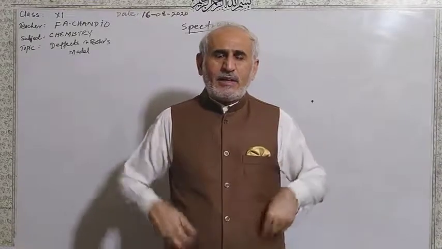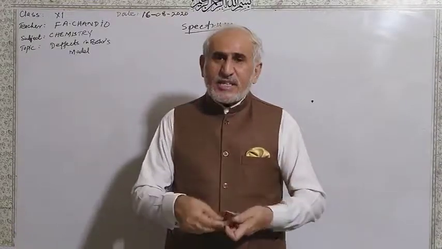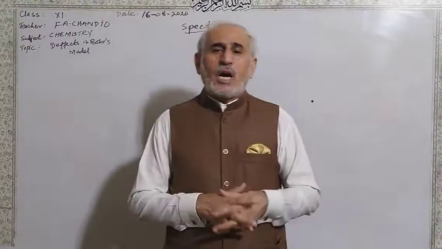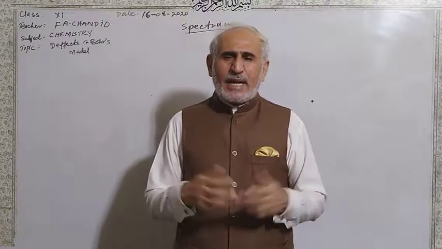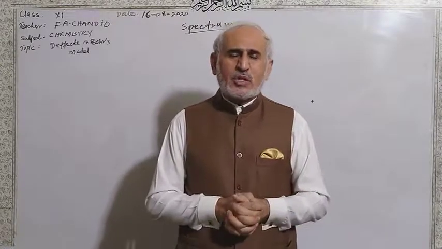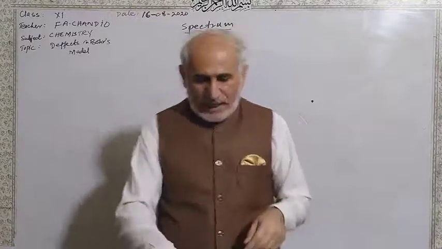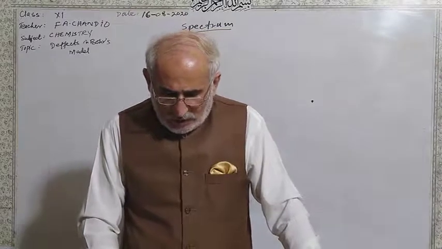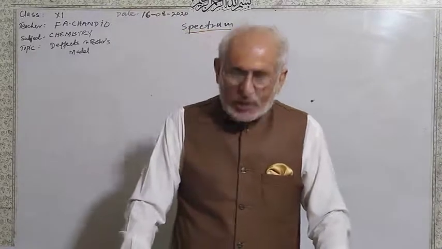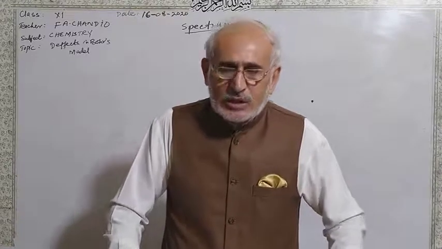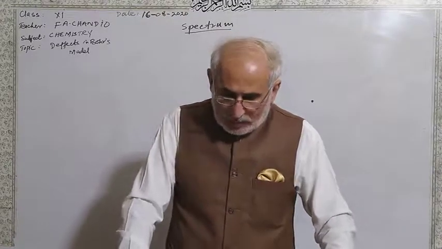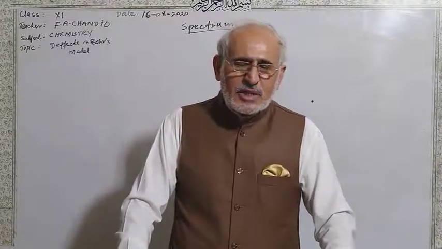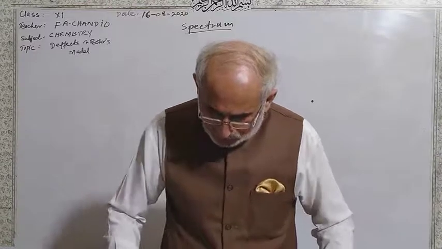The other one is called a discontinuous spectrum, or line spectrum. In atoms and molecules, the line spectrum is formed. When the boundary line between the colors cannot be marked, it is called continuous. Otherwise, the spectrum is called a line spectrum or discontinuous spectrum.